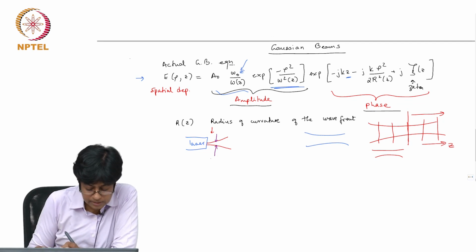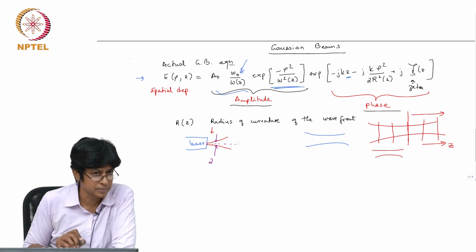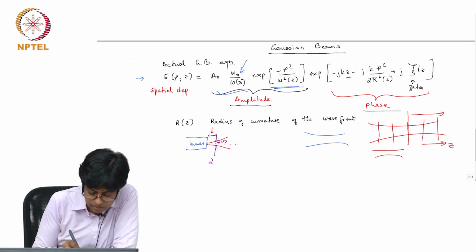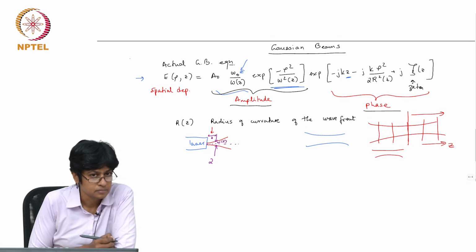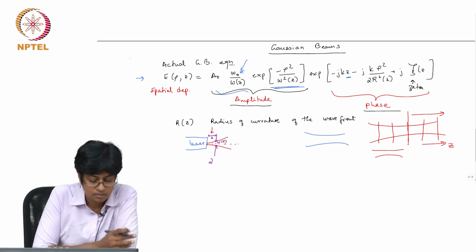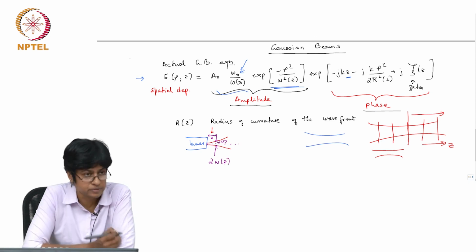So in fact the radius here, and let's say this was the optical axis, it's symmetric about the optical axis, then I would say this is omega of Z, where Z is this distance. Z is always measured from the minimum size, and the diameter therefore is 2 omega of Z.